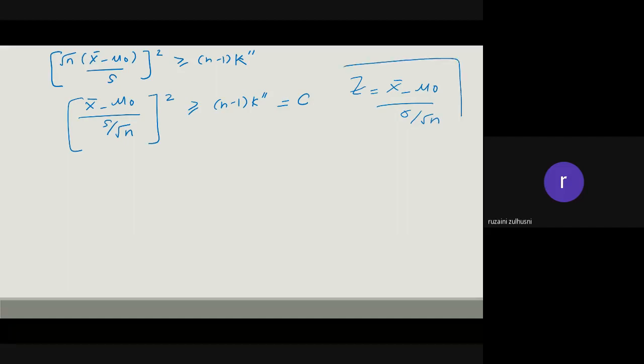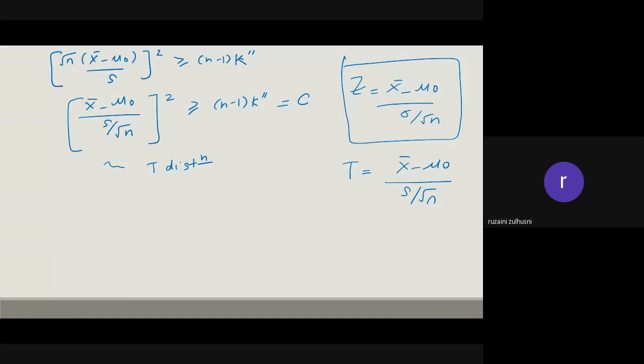This is your z distribution. What is your t? T is x bar minus mu naught over s over square root of n. So in this case, our t is x bar minus mu naught over s over square root of n, which is your t distribution.